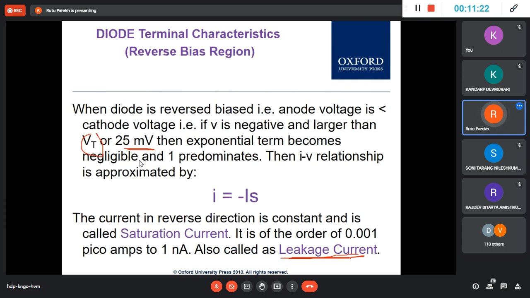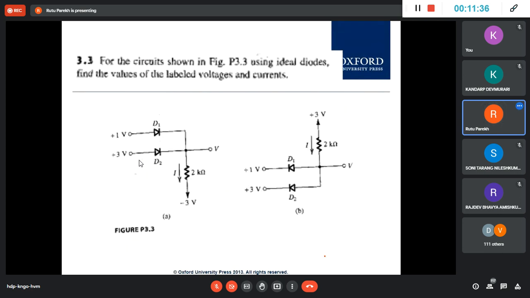So that is always there, but that's okay. It's really a low value, and we say it's leakage current. Okay, so with that in mind, we'll go one step ahead.